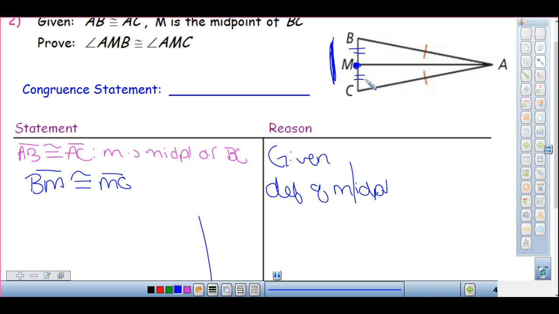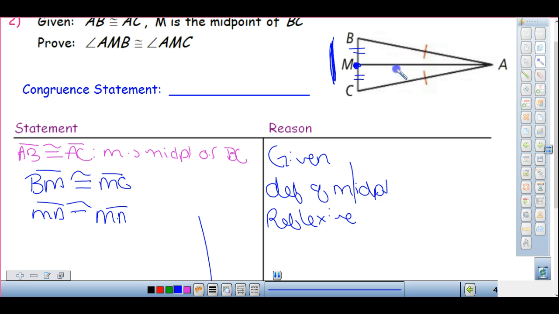Now looking at these two triangles, do they share a side? Yep. Anytime they share a side, MA is going to be congruent to MA, and that is reflexive.